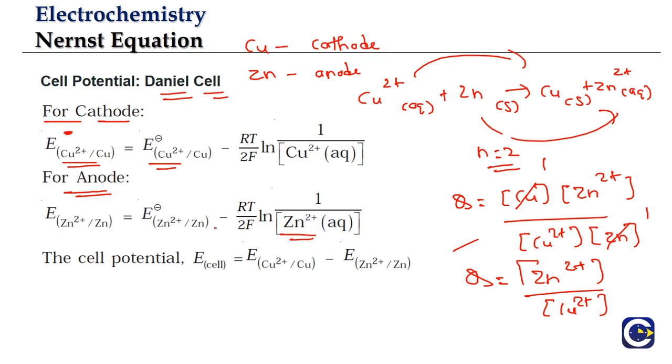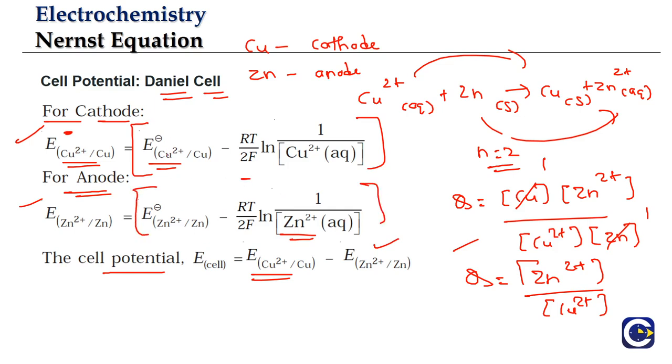In each case, like we discussed, for every electrode, E is equal to E naught minus RT by N into F ln 1 by that particular metal ions concentration. So here the value of E cell will be equal to E RHS, which is the cathode, copper electrode, minus E LHS, which is the anode. So what we have to do is this term minus this term.